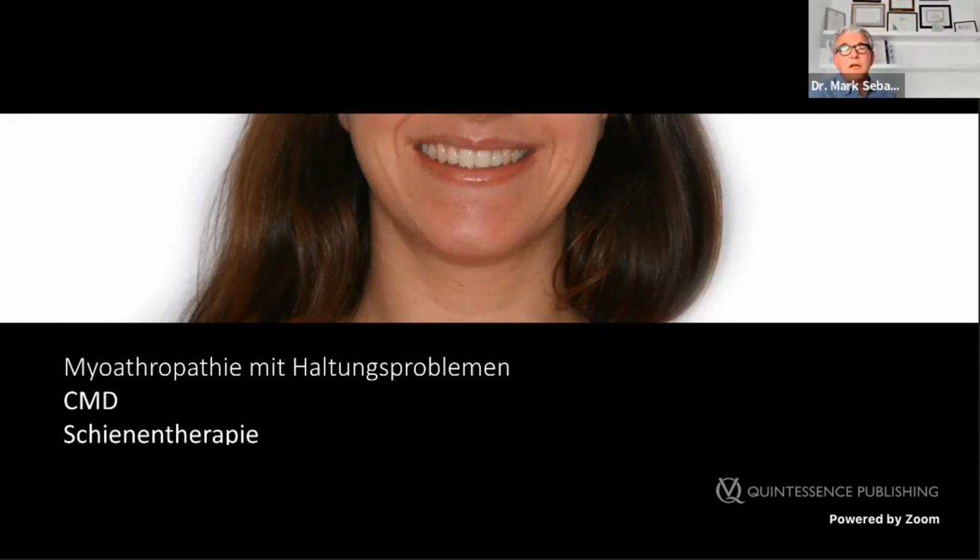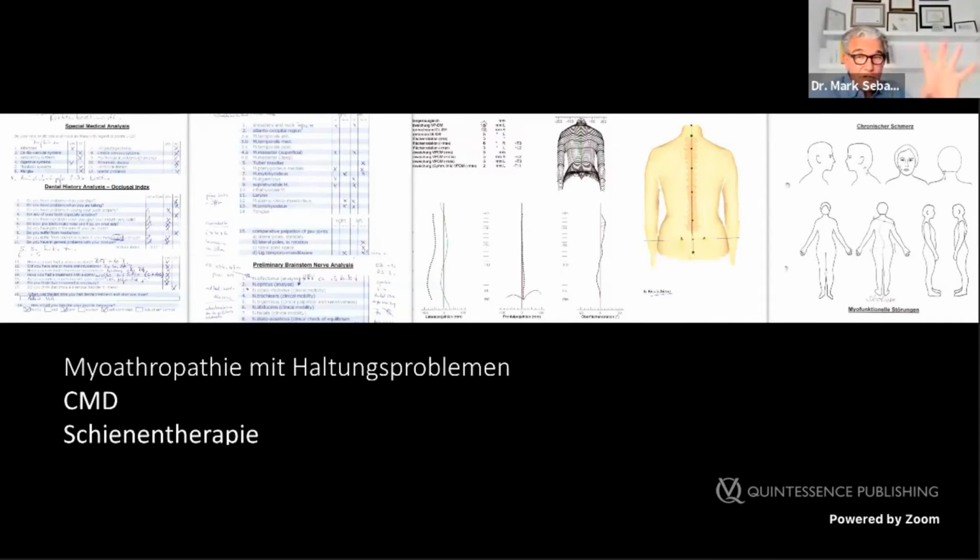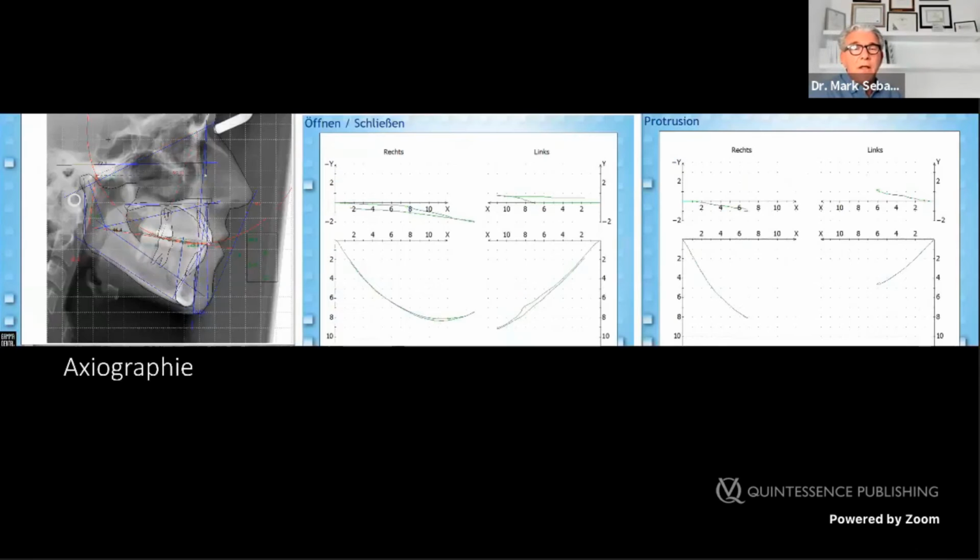We did a splint treatment, and here you can see she's suffering from problems also from the spine, and we are doing this as a whole group in a network with osteopathics, orthodontics, and this shows the movements of the joint, and as you can see, it's a totally different situation of how the joint is moving.